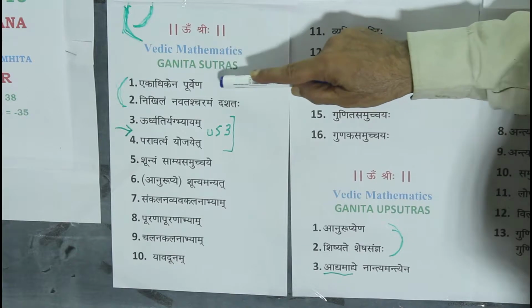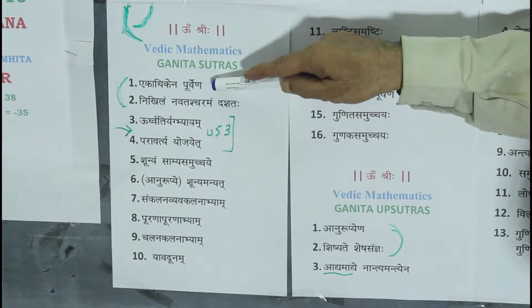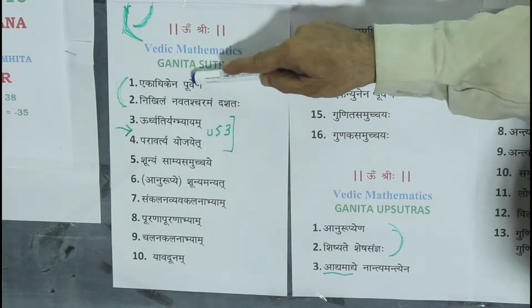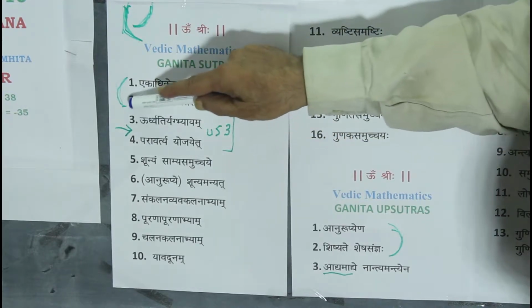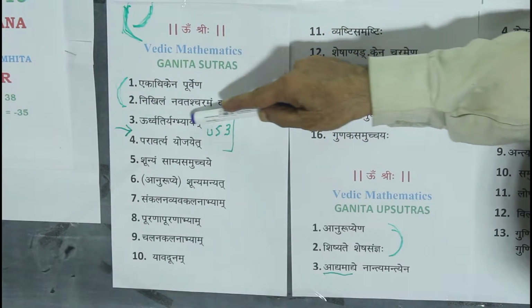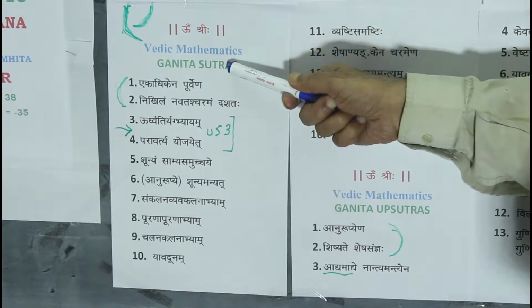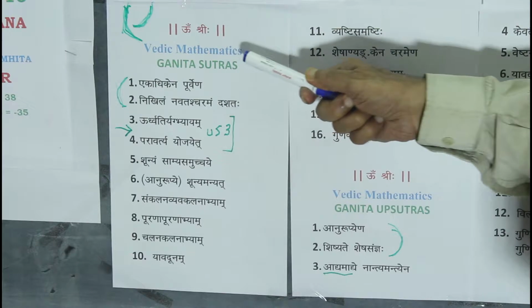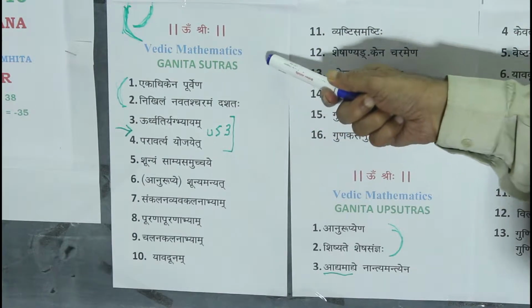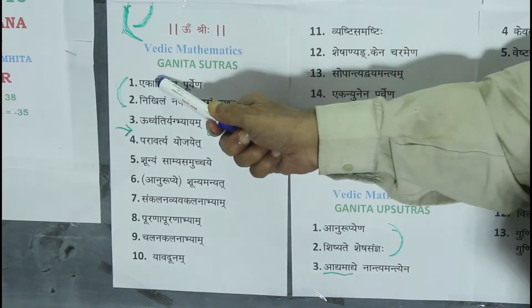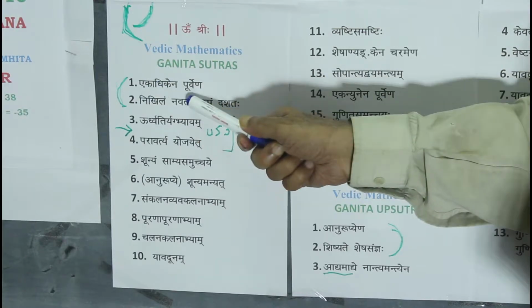So Ganita Sutra 1 is a text of a pair of formulations, and Ganita Sutra 2 is a text of triple formulations. So in fact the transition from Ganita Sutra 1 to Ganita Sutra 2 is a transition from the format of a dimonad to a format of a trimonad.